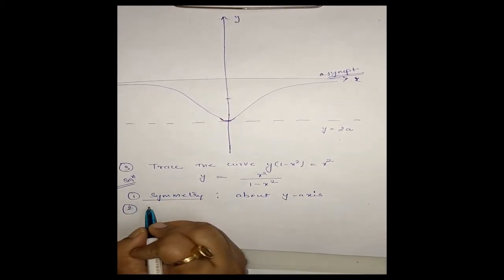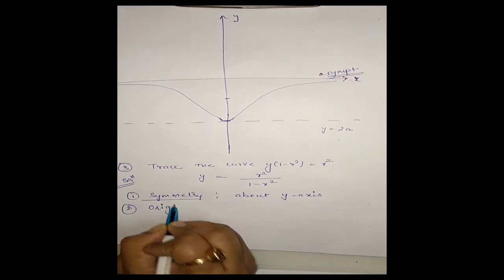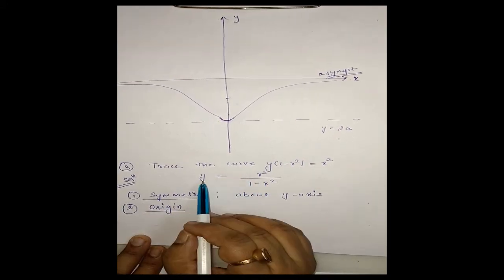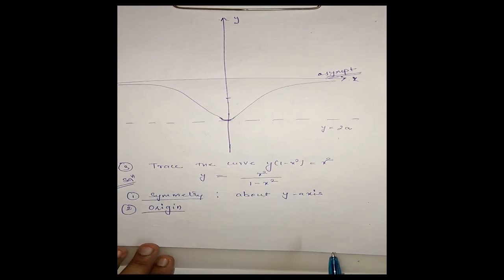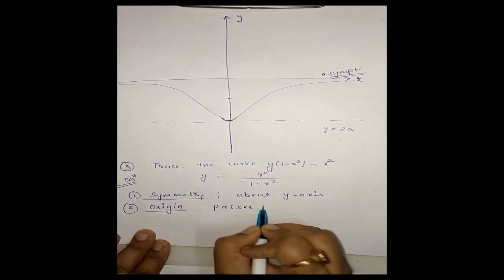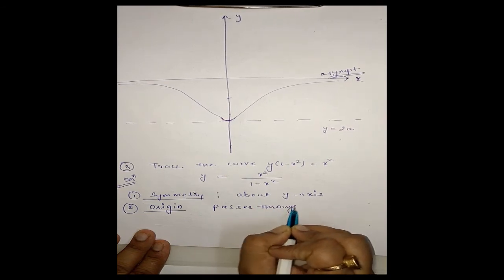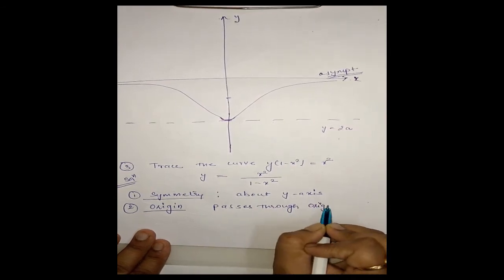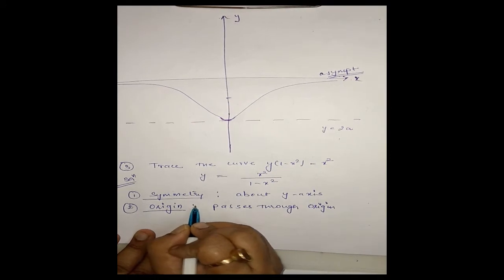Second, origin. On taking x and y to be 0, the equation is satisfied. Therefore, it passes through the origin.